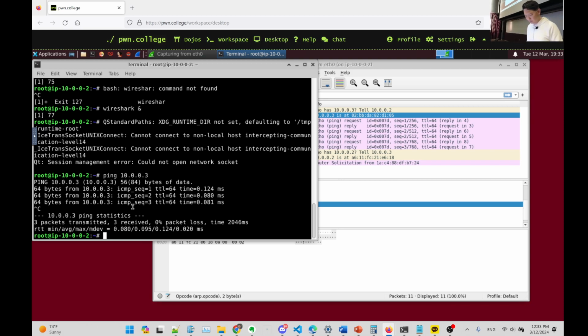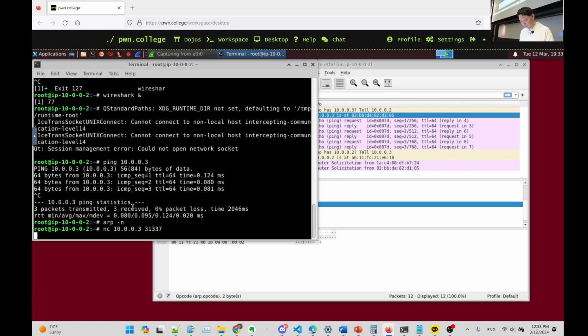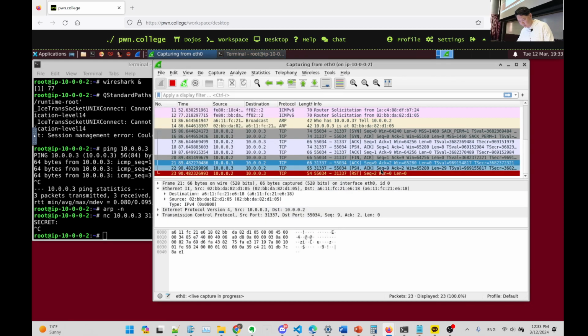And so let's make a TCP three-way handshake and see. Yes, all cleared again. The cache table is cleared. Okay, and let's run nc 10.0.0.3 and a port number, a random number like this. Okay, so it has some data, secret.